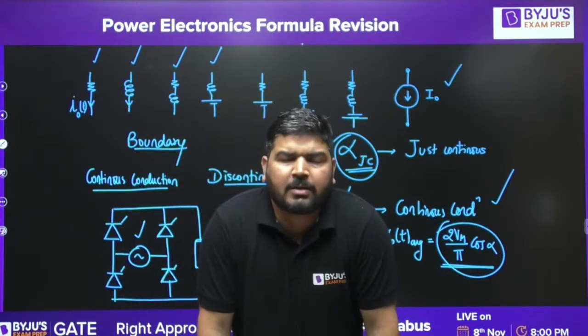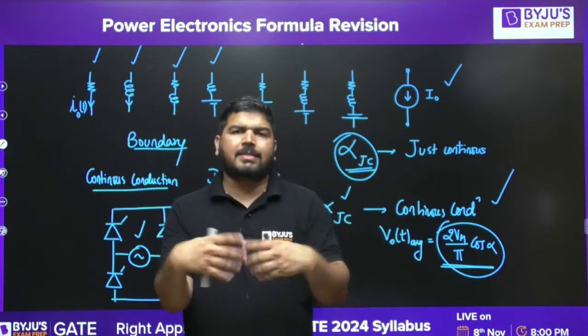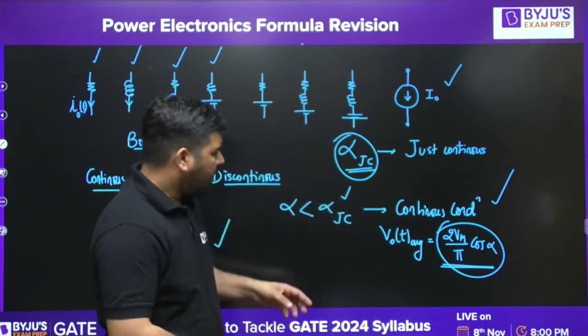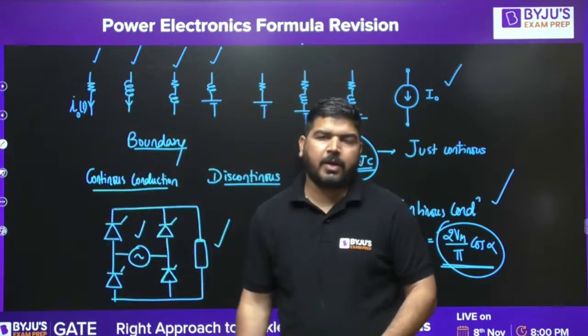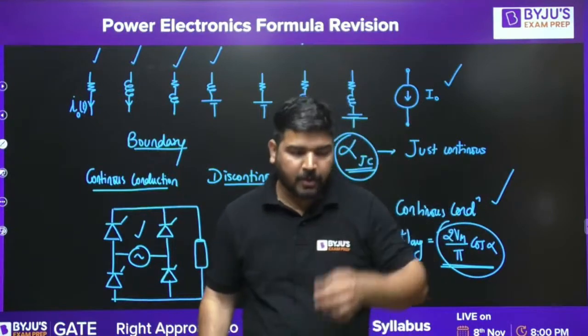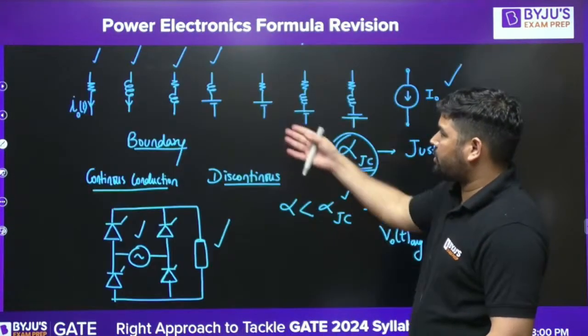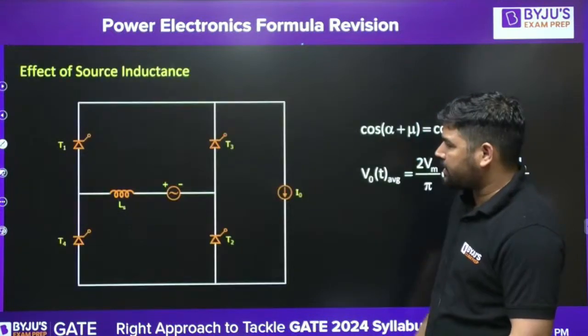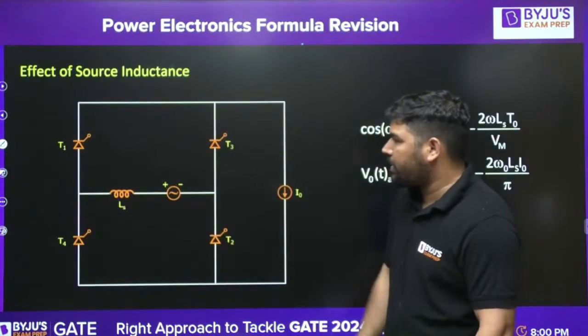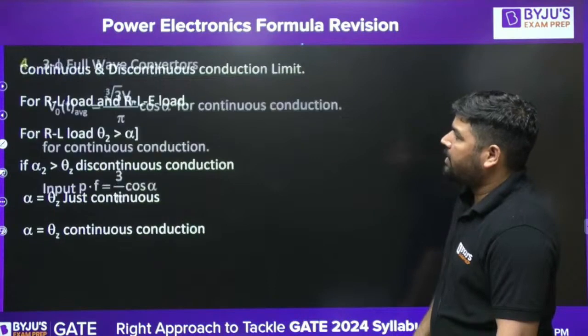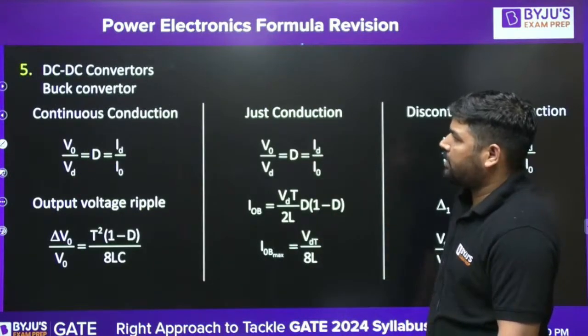If you try to understand the concepts and the wave shapes, then you don't need any formula. We'll discuss those loads and the effect of source inductance in controlled rectifiers, and then we'll cover the DC-DC converter part, and then the inverter.